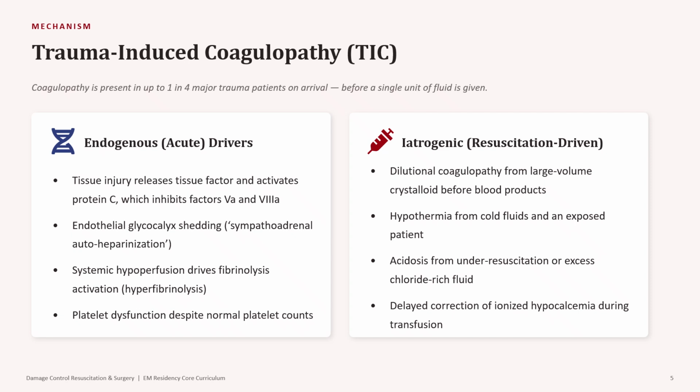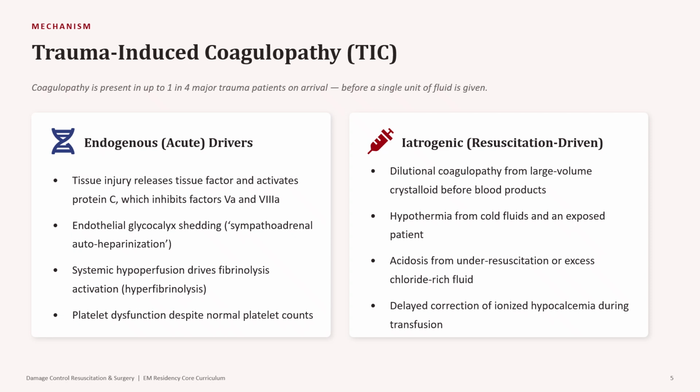Coming to endogenous drivers, tissue injury releases tissue factor, which activates protein C. Protein C inhibits factors 5A and 7A, leading to coagulopathy. There is endothelial glycocalyx shedding, leading to sympathoadrenal auto-heparinization. There is systemic hypoperfusion, which drives increased fibrinolysis. There is platelet dysfunction despite normal platelet numbers.